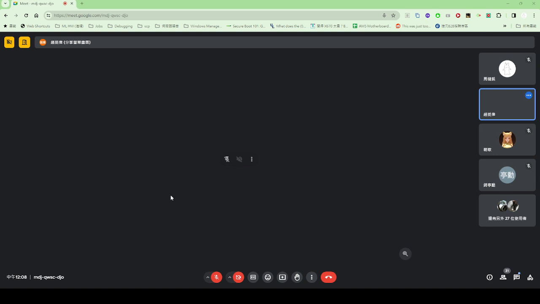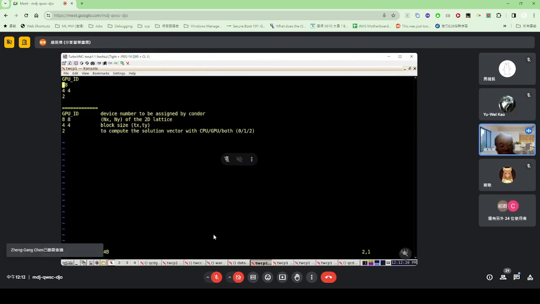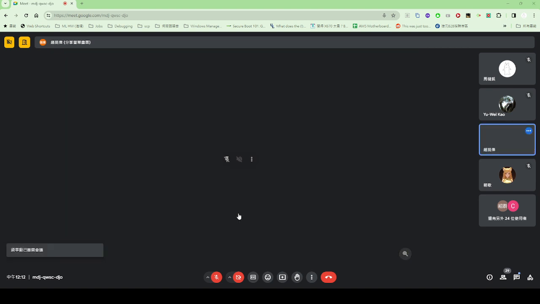Now there are 4 GPUs available, if you use a single GPU. Now I use, let me see, 8, for example, and then the block size is 4. So this is just a test.